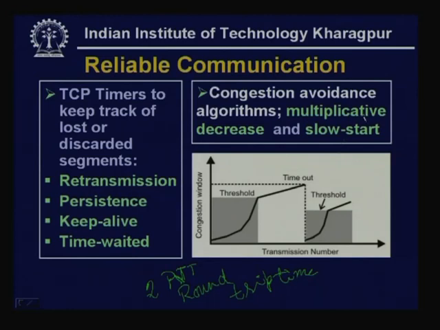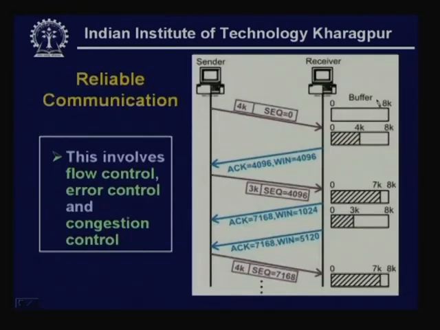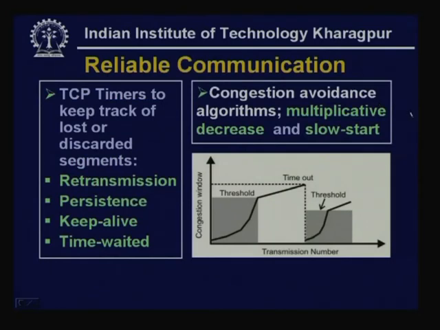Now, let us focus on the congestion avoidance algorithm. Congestion is avoided by using 2 algorithms: one is multiplicative decrease and another is slow start. There are 2 reasons for congestion.